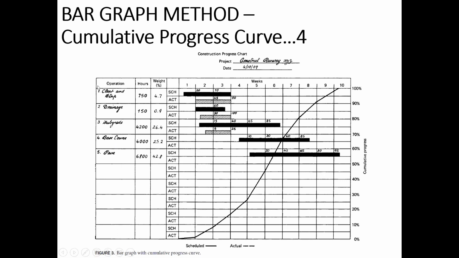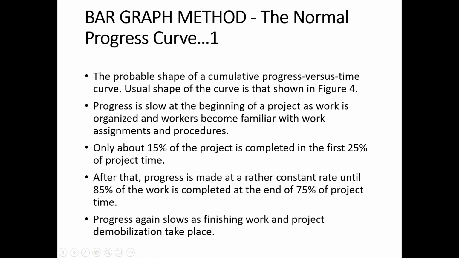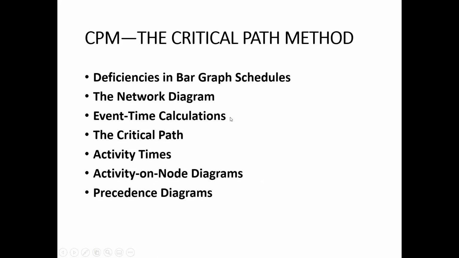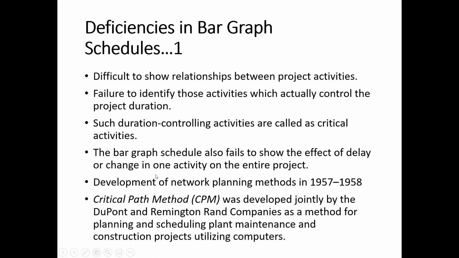That means once some part of the previous activity is finished, then we can start the next activity. But even in non-repetitive types of projects, it is difficult to understand the effect. Although it is possible, it is difficult to show the effect of delay or change in one activity on the entire project.